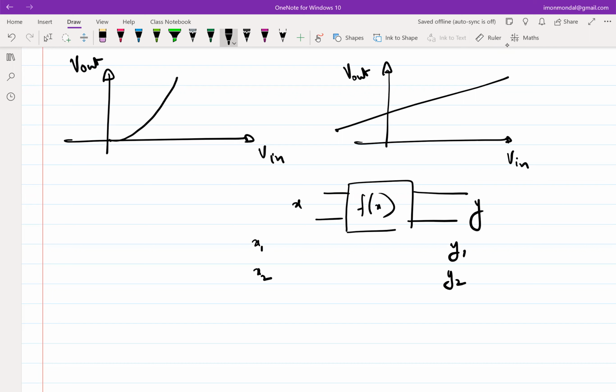If I apply an input alpha x1 plus beta x2, I should get alpha y1 plus beta y2. Great, so now it's good that we are on the same page, and we can proceed.